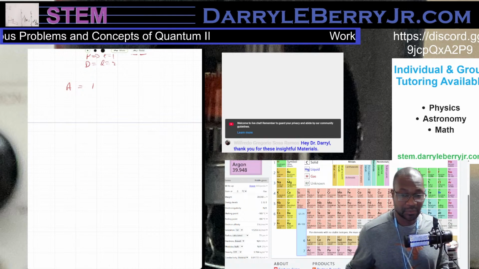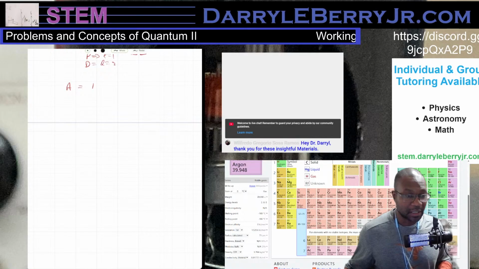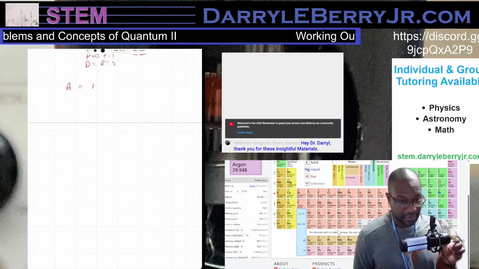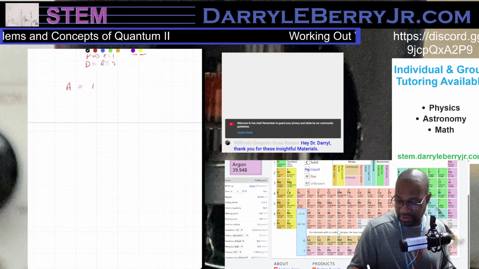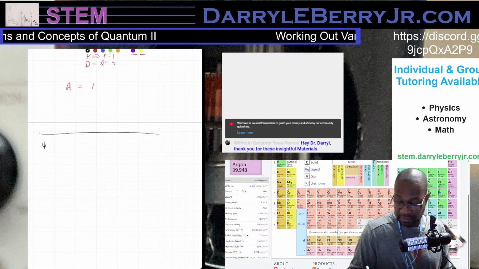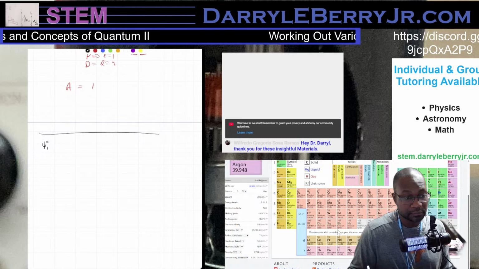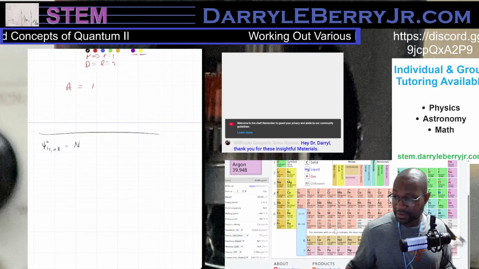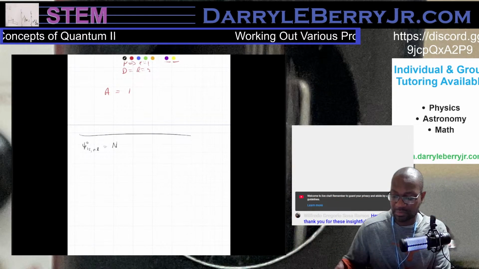Another problem we had was looking at trial wave functions and having to identify which are the good and bad ones. So if we look at this function here, and let me go back to the big screen since we don't need the periodic table anymore.